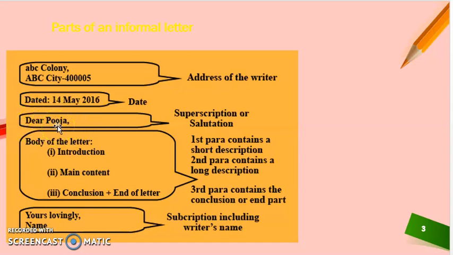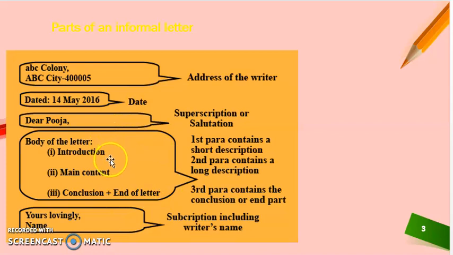Remember, your friend's name should start with a capital letter. It could be dear and your friend's name. This is known as your salutation. Now, after you write this, you will leave one line and you will come to the body of the letter.